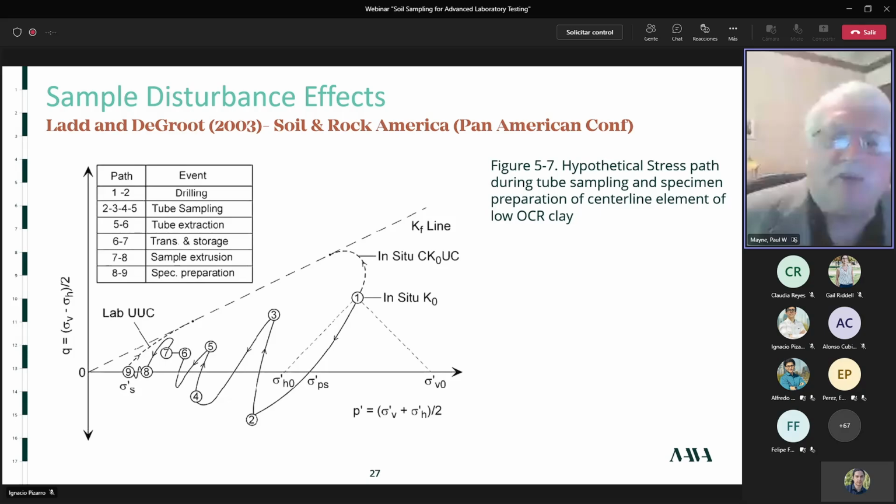Some people like to use stress paths to describe how the sampling is affected by disturbance effects. If you read the Casagrande Lecture 2003 by Chuck Ladd and Don DeGroot, they take you through a series of stress paths, starting with the in situ K-naught condition, and why we want to reconsolidate to the in situ effective vertical stress and in situ effective horizontal stress.